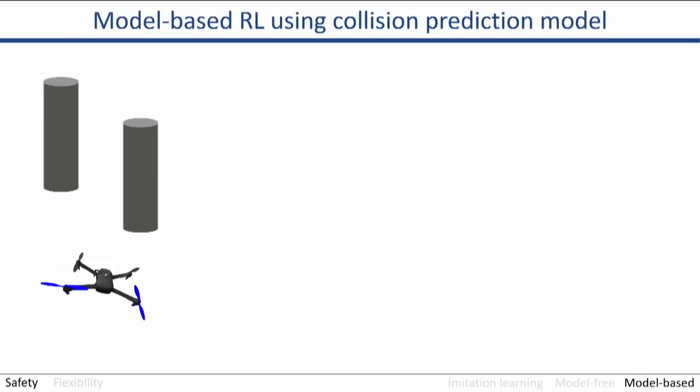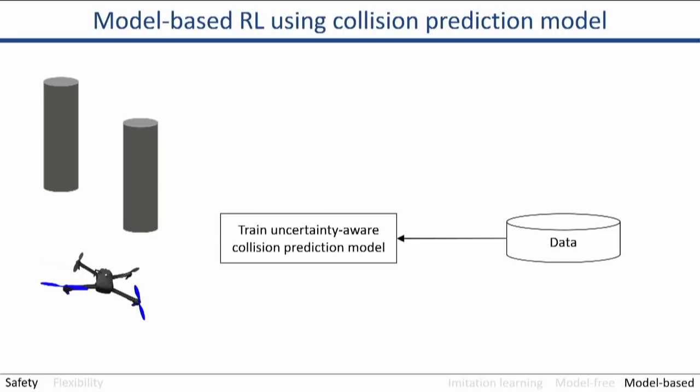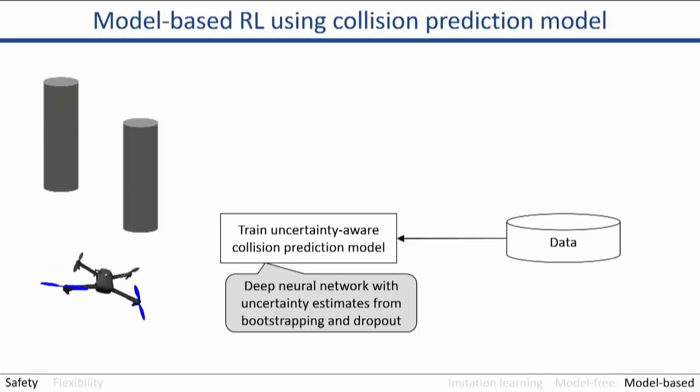So that's our collision prediction model, but how are we actually going to get safety? So here's a high-level view of the model-based RL approach that we took. First, we have some data that we're going to be continuously adding to, and we train an uncertainty-aware collision prediction model. I talked about the collision prediction model. I haven't talked about uncertainty yet, which I'll get into in the next slides.